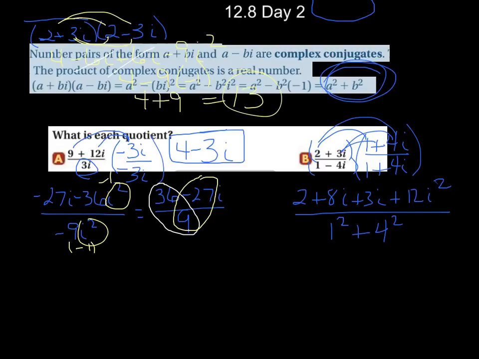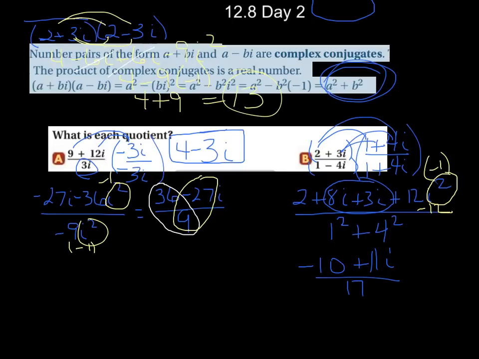Now it's all simplifying. Remember again, i squared is really negative 1. So this becomes a negative 12 on the end, with the positive 2 out front would give me a negative 10. My 8i and 3i gives me plus 11i. And my denominator is 1 plus 16, which would be 17.